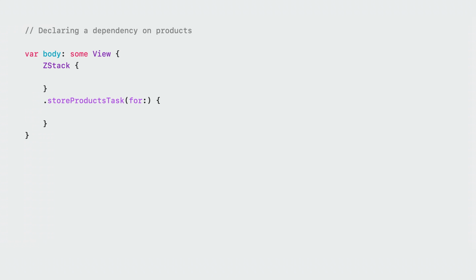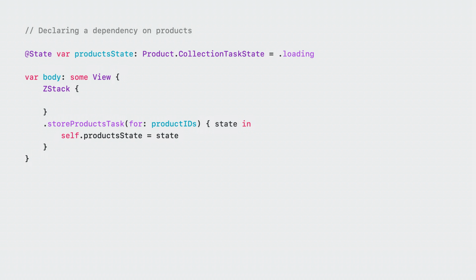To do this, you just use the new Store Products task modifier. Similar to the subscription status task we covered earlier, you pass a collection of product IDs for the view to depend on. Then, you get a state value you can use to handle the states of the async task. This should all feel pretty familiar after we just looked at a custom product view style implementation.